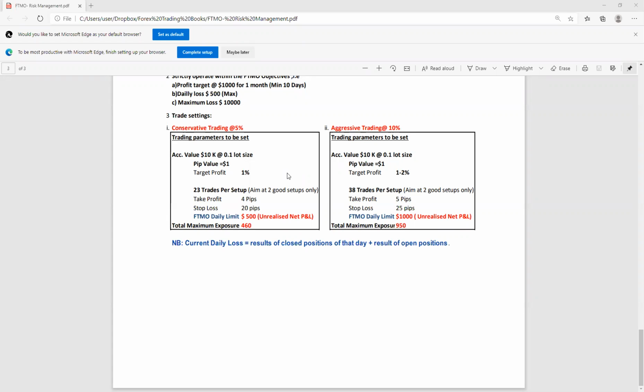When you look at the TP here, aim at 4 pips. Sometimes you've been aiming at 10 pips, but the lower the pips you aim at, the higher the chances of getting them.